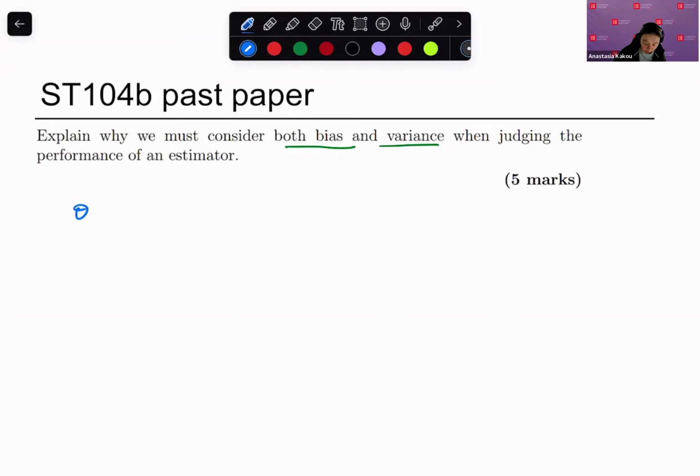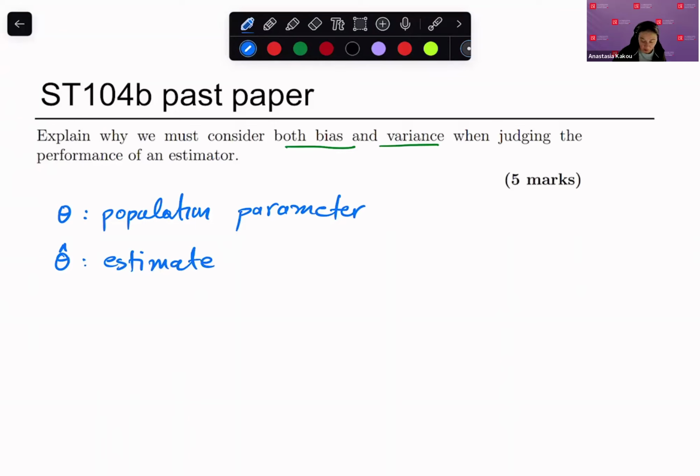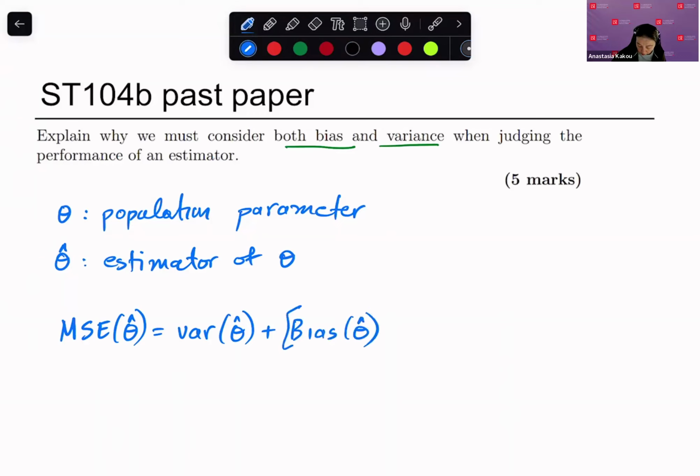So let's say theta is a population parameter, and theta hat is the estimator of theta. Then the property that we are interested in is the mean square error of theta hat, which is defined as the variance of theta hat plus the bias of theta hat squared.